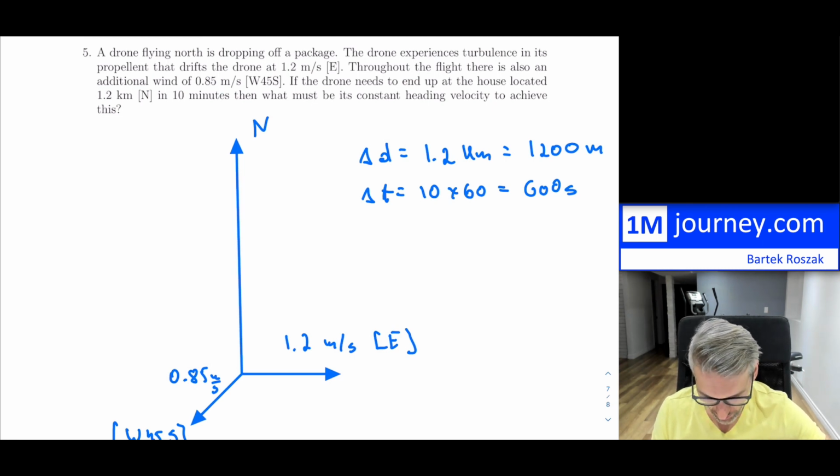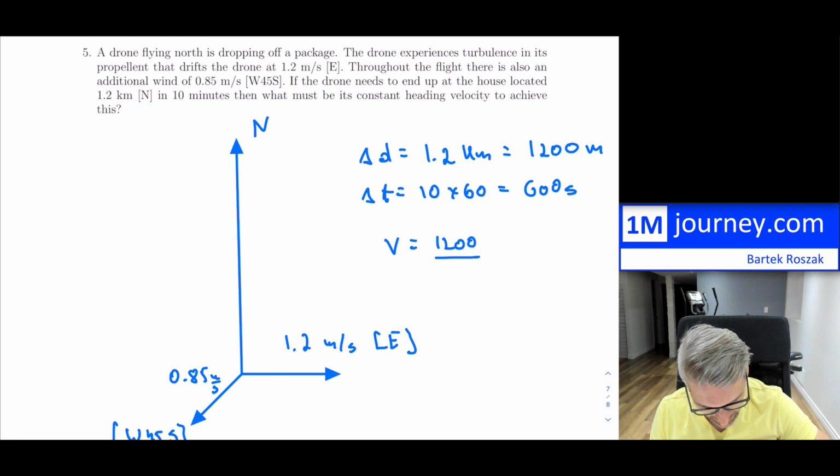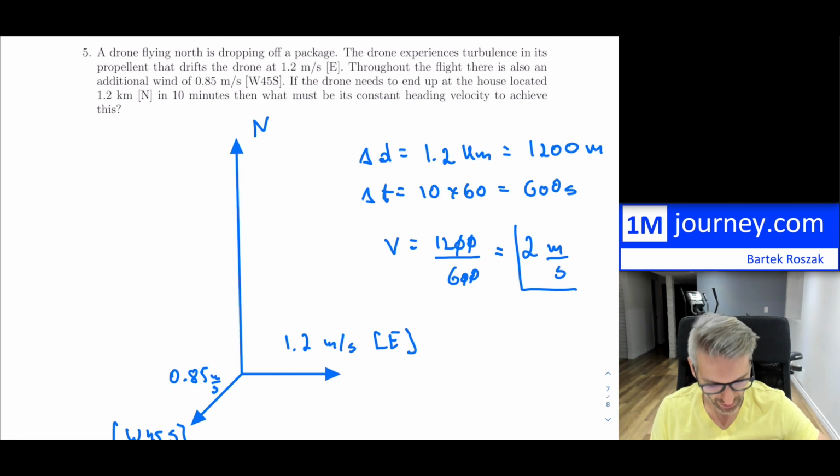This is ultimately what our result wants to be. Ideally you want this drone heading north at 1200 divided by 600 seconds, which is 2 meters per second. That's what we want ideally.